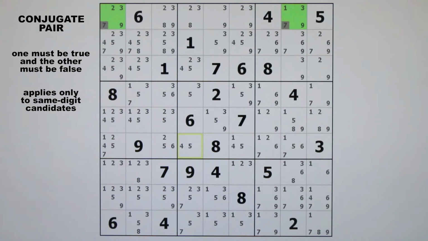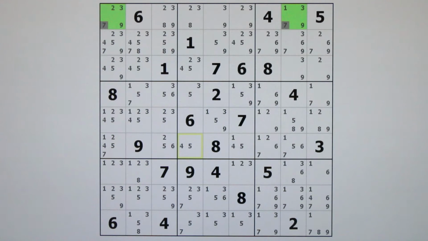Although, as I explained in the terminology video, in a bi-value cell, the two candidates are not customarily called a conjugate pair, like this 4 and this 5. Even though they are indeed strongly linked, the term conjugate pair refers to a strong link between two candidates that are the same digit, like these two 7s up here in row 1. But not between two different digits, okay?